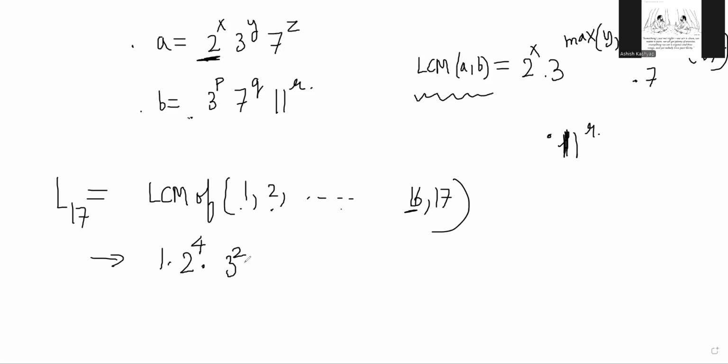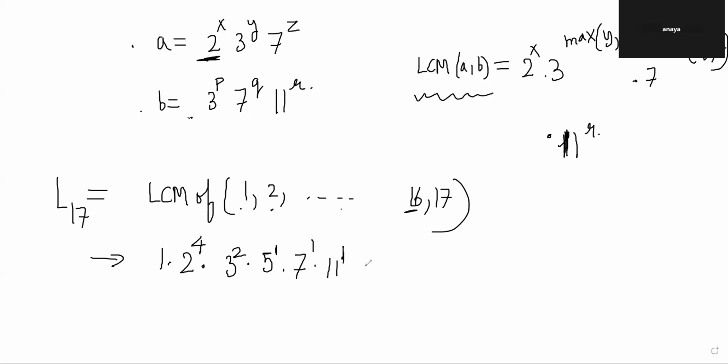Then 5 has only one power, since 5 squared is 25, which is beyond the range. And finally, 7 has one power and 11 has one power.